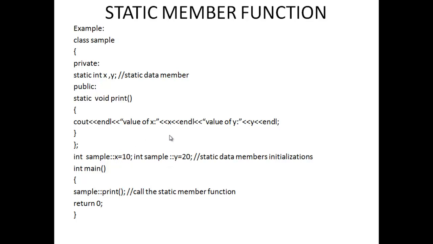The same procedure happens when we put the value of the second data member. In the main function, we call the static function by first writing the class name, then the scope resolution operator, and then the name of the function. Here I am not creating any object.